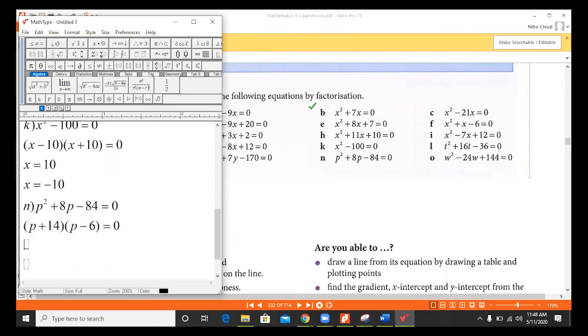And p is minus 14 or 6. Okay. Minus 14 plus 6, minus 8, and the product is minus 84.